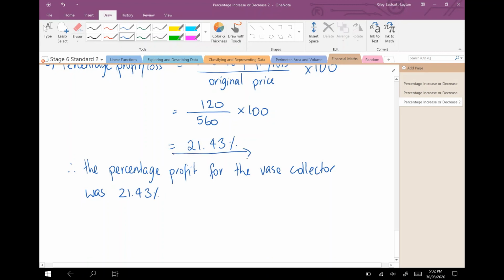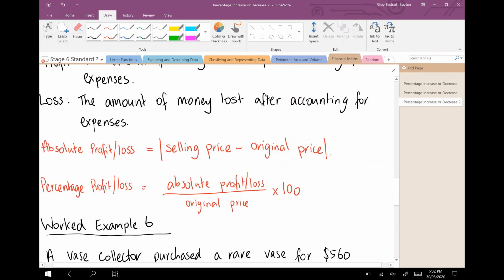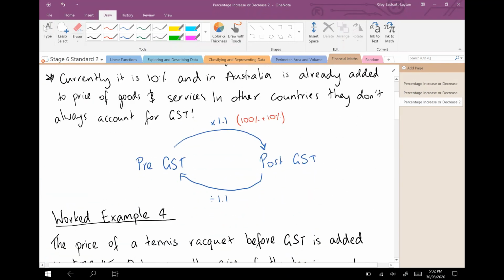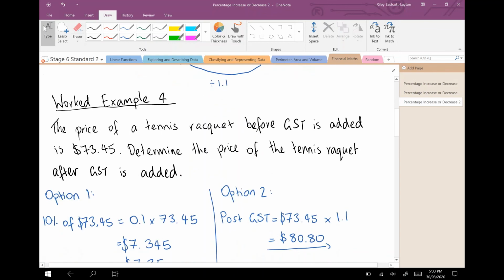Alright, so that sums up this lesson, so just to do a quick recap, we started off by looking at GST. We looked at our conversion chart, so converting between pre-GST to post-GST, and it was a factor of 1.1, so depending which way we go, we either times or divide by 1.1.